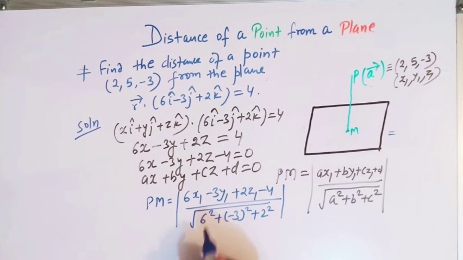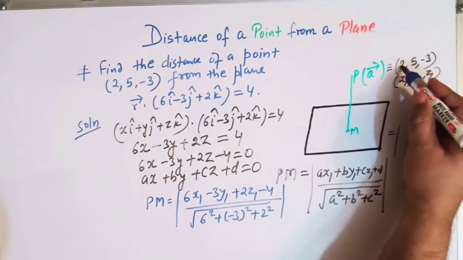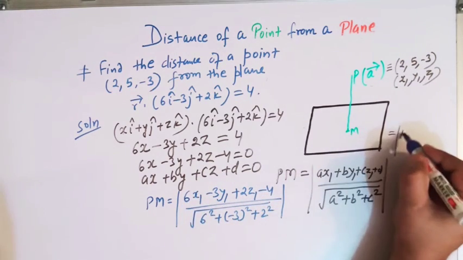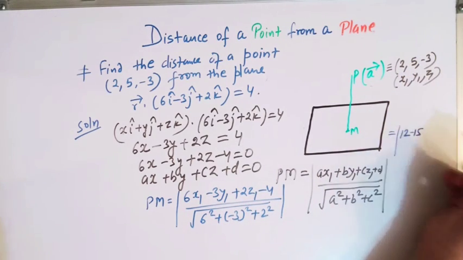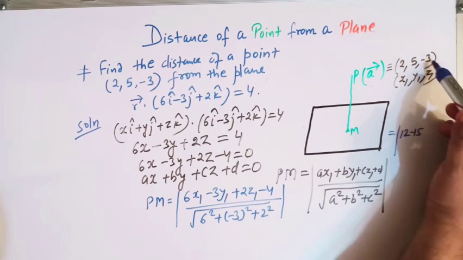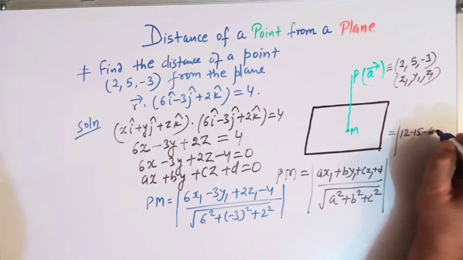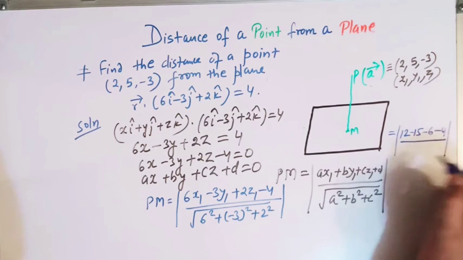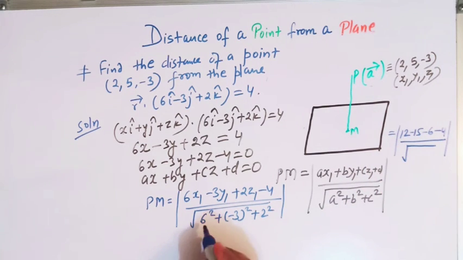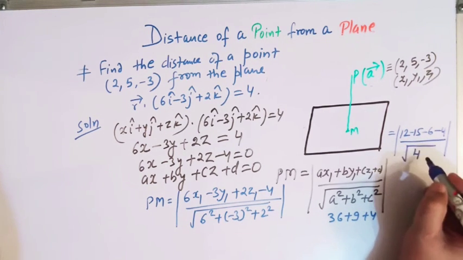Now this can be solved as, here x1 is 2, so 6 times 2 is 12, then y1 is 5, so 5 times 3 is 15, and then z1 is minus 3, that is minus 6, and minus 4, right? Divided by square root of 36 plus 9 plus 4, which is 49.